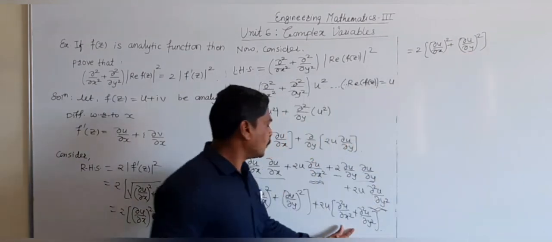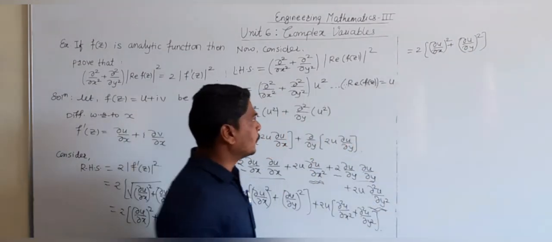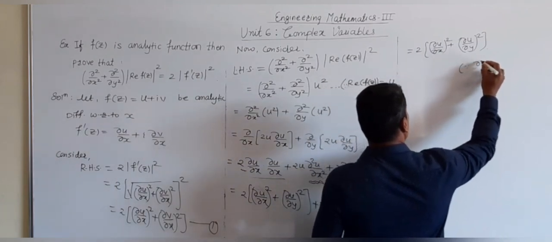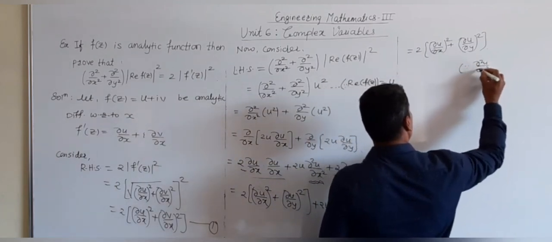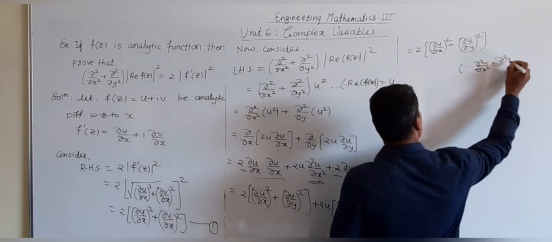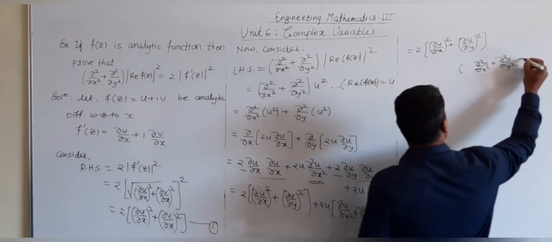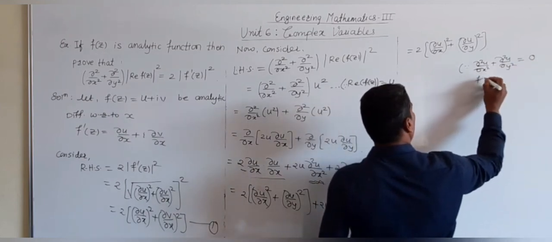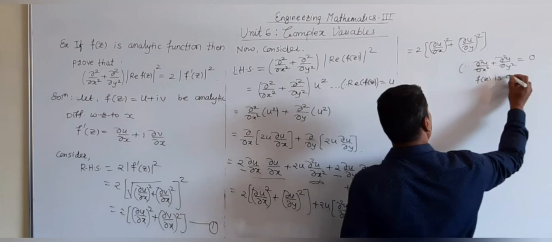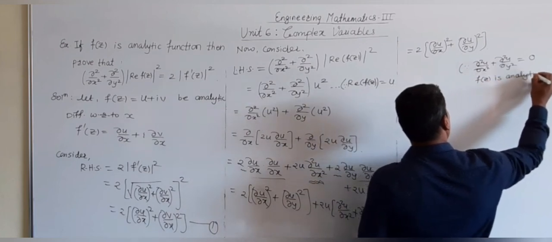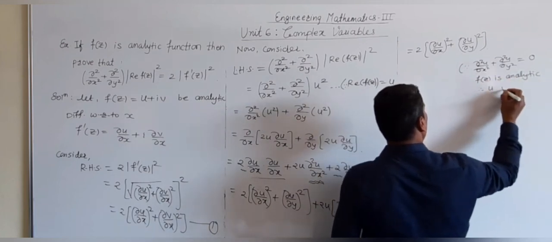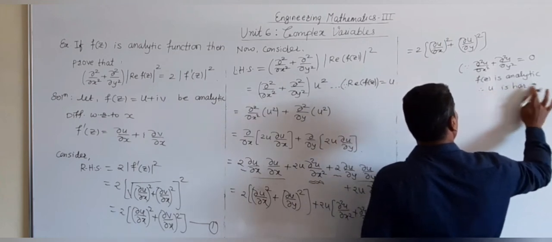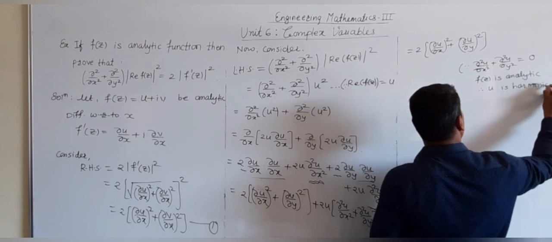Okay, and this term becomes 0 since ∂²u/∂x² plus ∂²u/∂y² is equal to 0, f of z is analytic and therefore u is harmonic function.